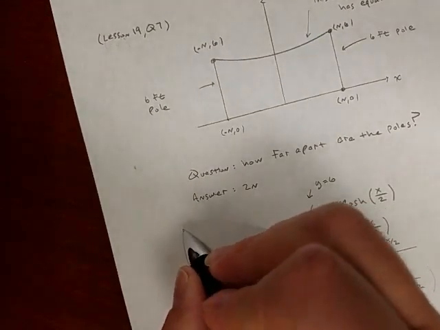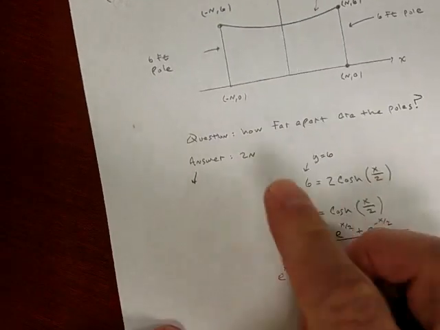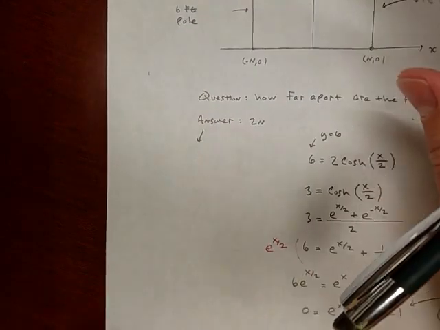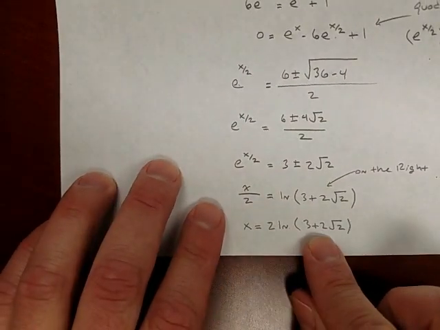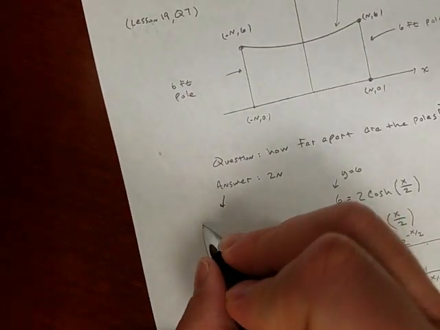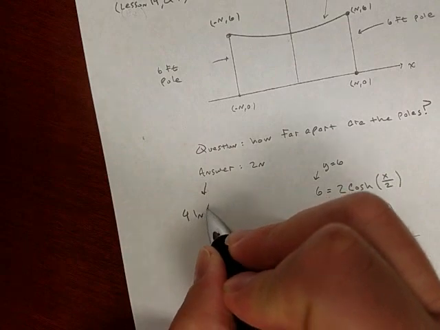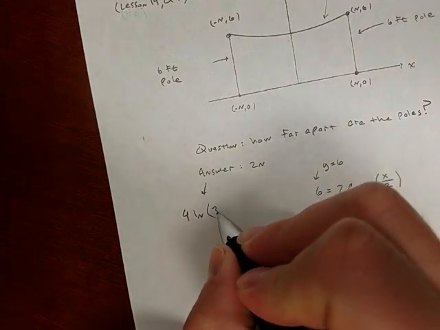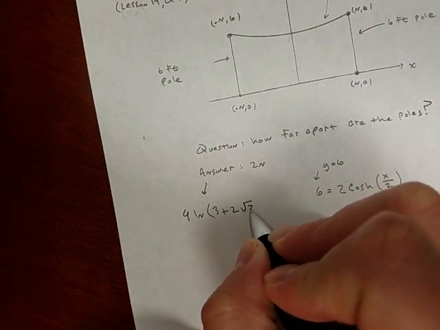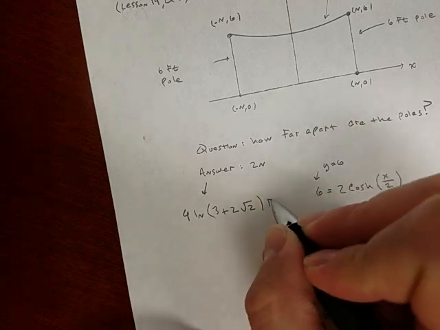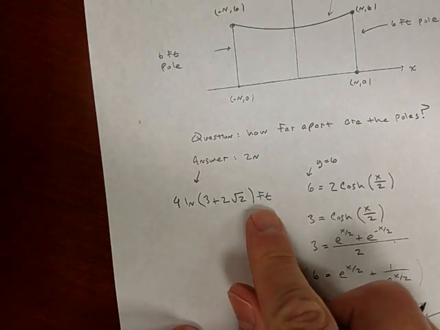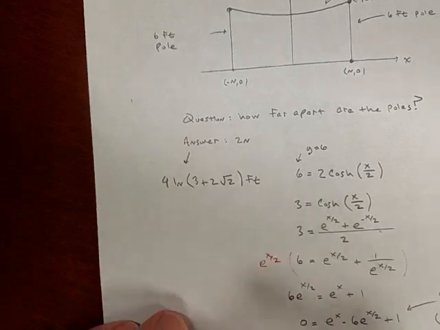So my final answer, if I take 2 times this, is going to be 4, because 2 times 2 is 4, natural log of 3 plus 2 times the square root of 2. And I guess if everything was measured in feet, then that's how many feet they are apart.